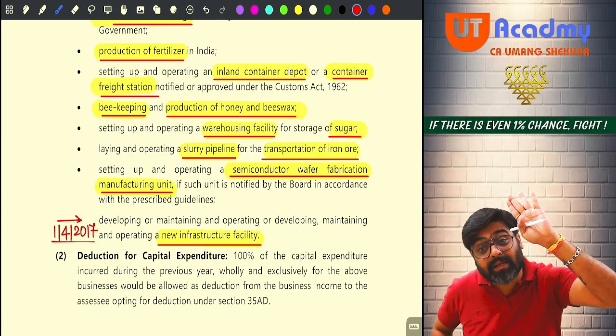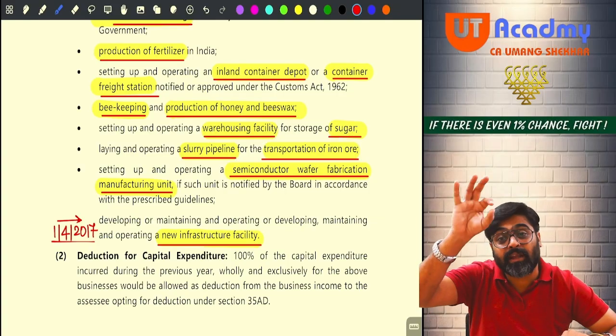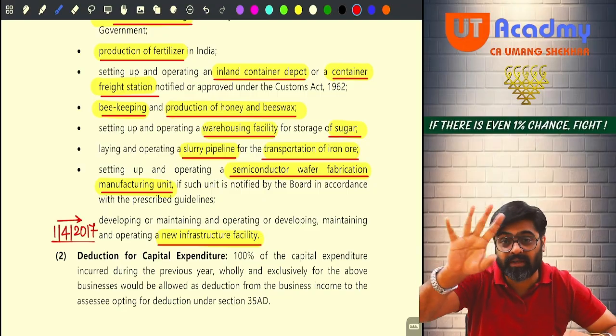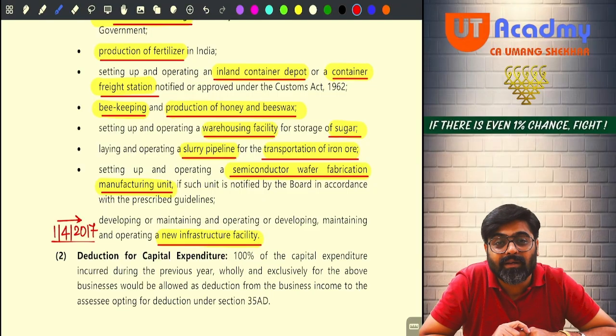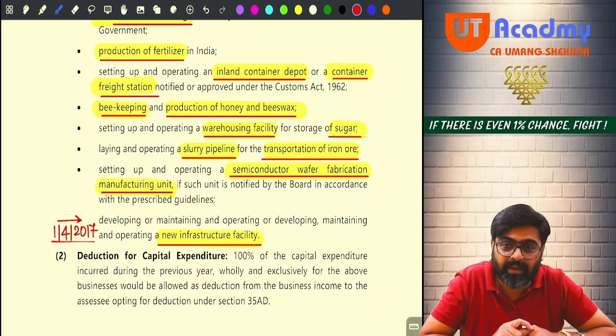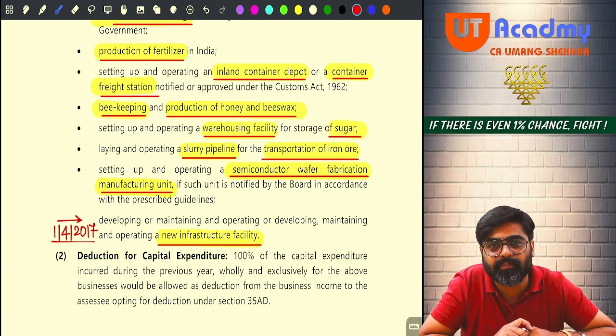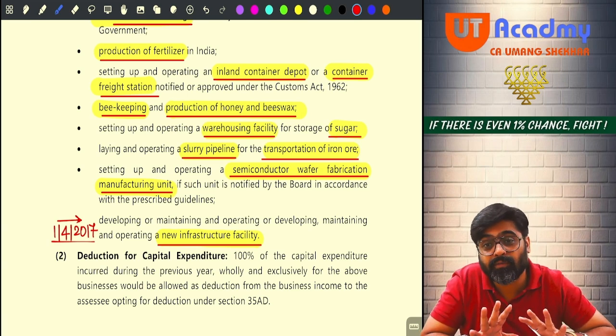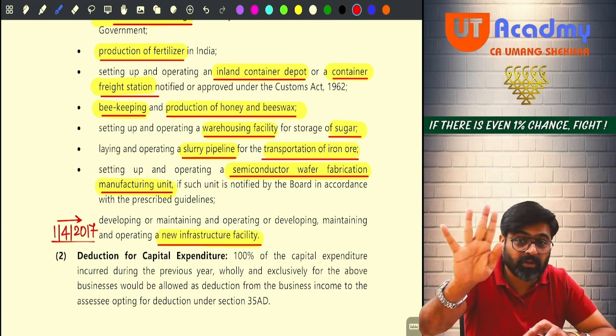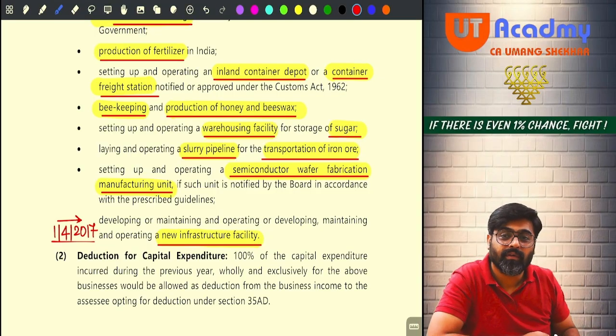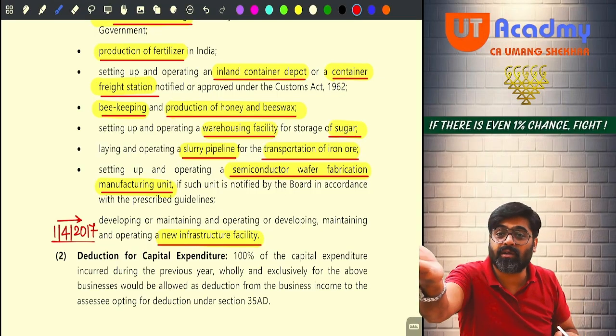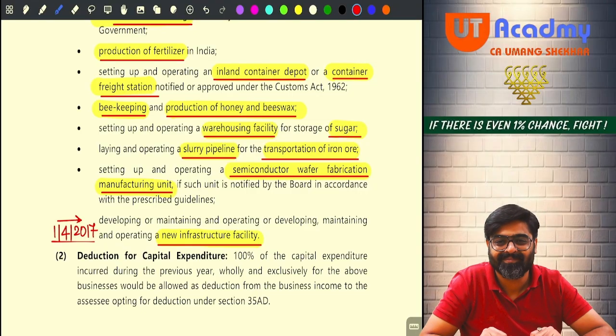All the dates. The latest date was 1st April 2017 when the last business got introduced here. That was developing, operating, maintaining or developing, operating and maintaining infrastructure facility. New infrastructure facility in India. So if this last business you are starting right now, you are commencing the operations on or after the prescribed date only, no?